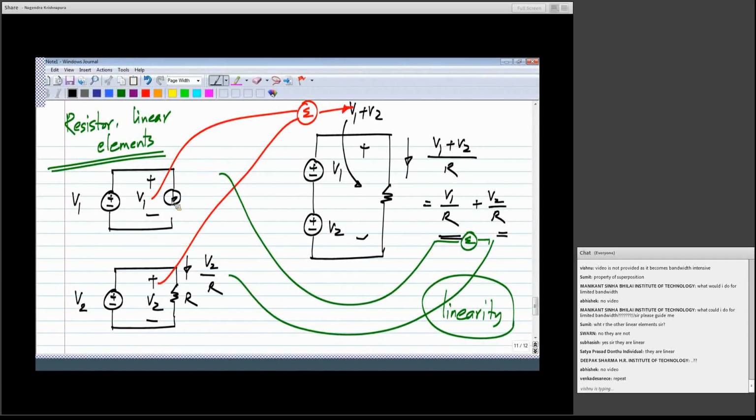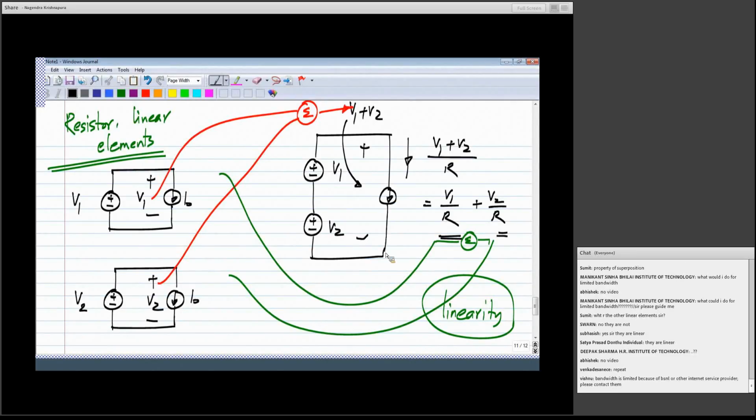Okay. Let me have a current source I naught, and here I'll have I naught, and here I'll have I naught. Now clearly the current in this case is I naught, the current in this case is also I naught, and the current in the third case is also I naught.